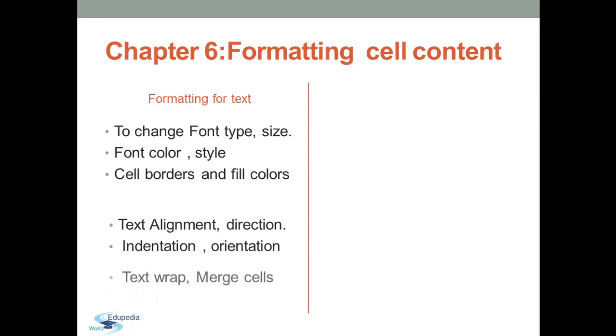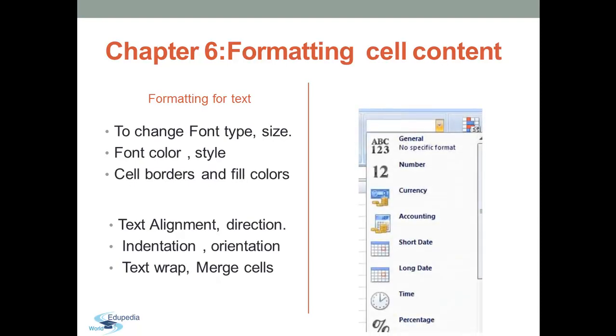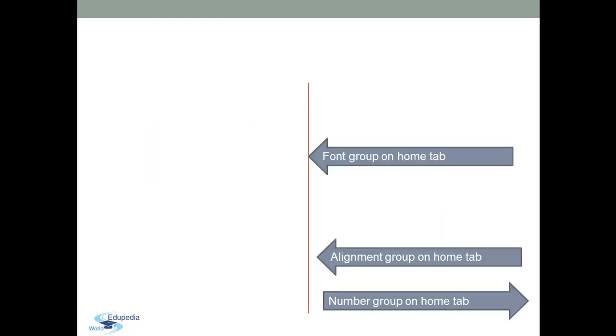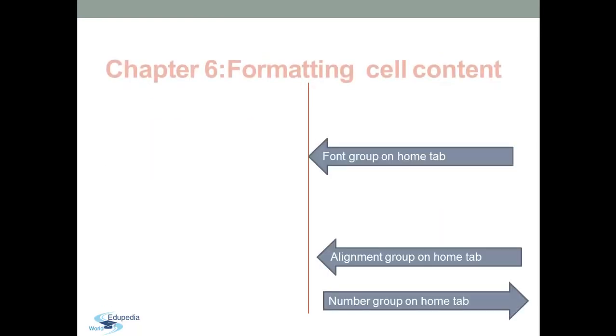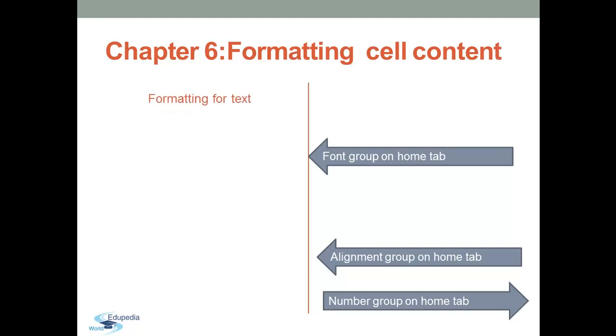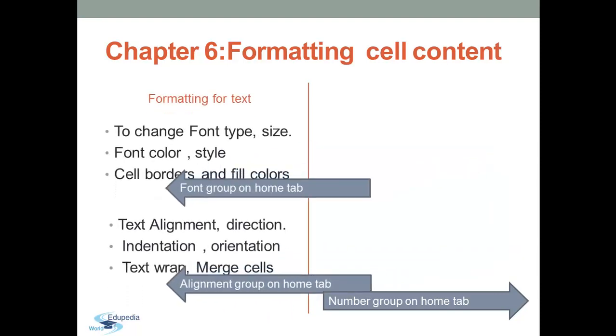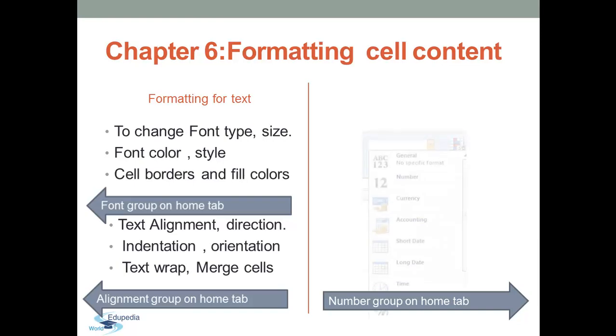And you can also apply number formatting to tell Excel exactly what type of data you are using, such as percentage, currencies, and so on. And they are divided into groups on the ribbon: the font group, alignment group, and the number group.